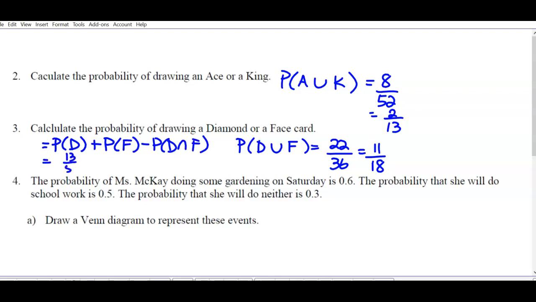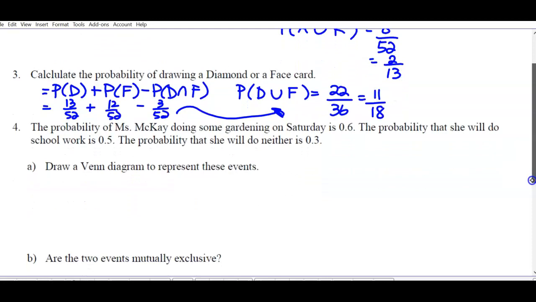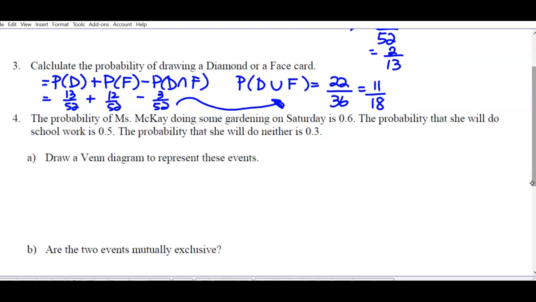So 13 out of 52 plus 12 out of 52 minus the 3 out of 52 equals 9 out of 52... Oh, right, 52, sorry. Thank you. So 52, so that's 11 out of 26. Good stuff, thank you.